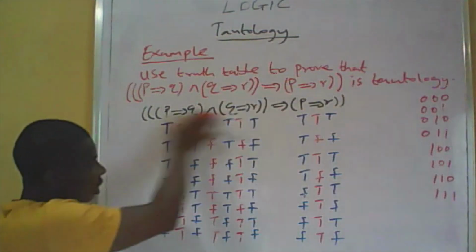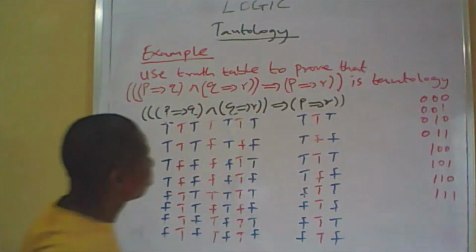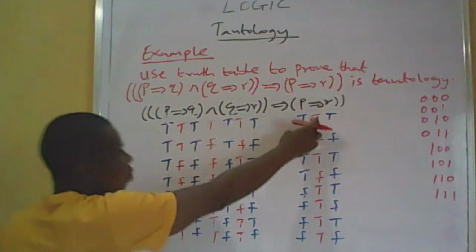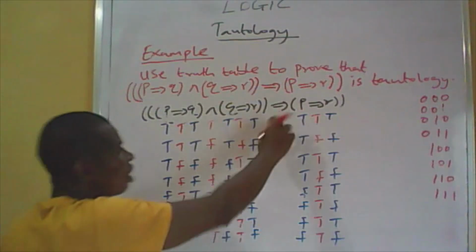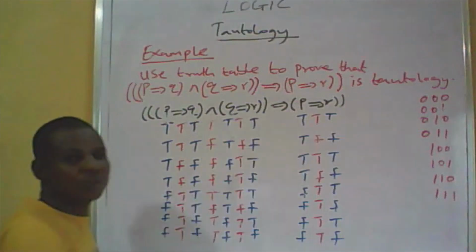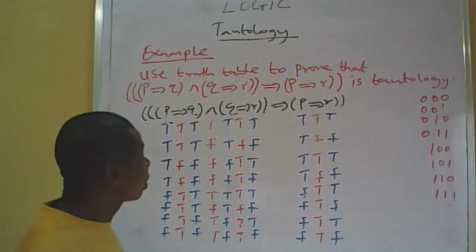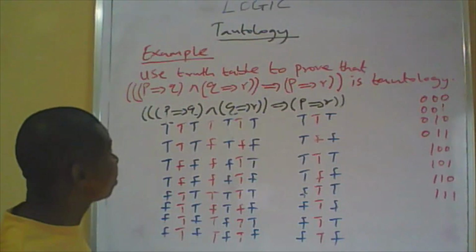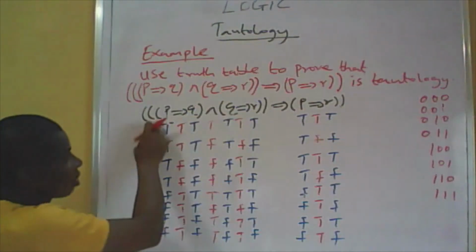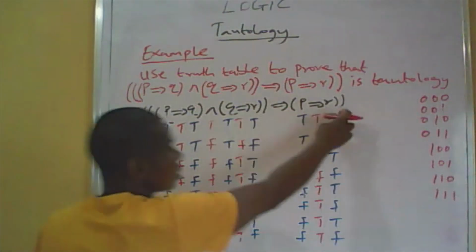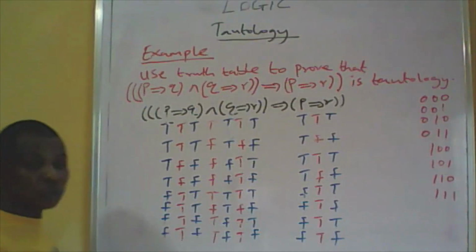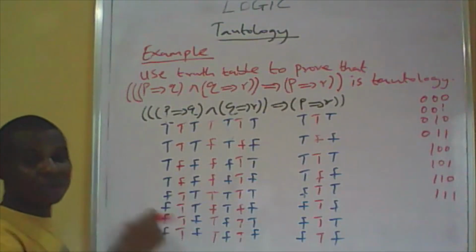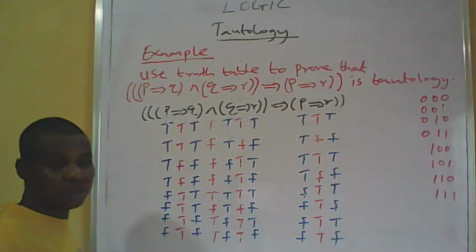So we are looking at this statement and this statement under this connective, and we are going to use it to evaluate this connective. Now you know that here is the antecedent, here is the consequent. So I know that it's going to be false when the antecedent is truth, while the consequent is false.